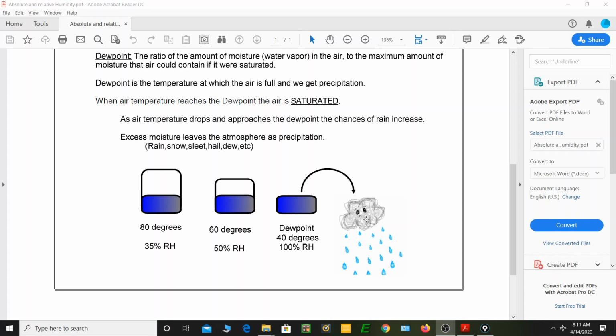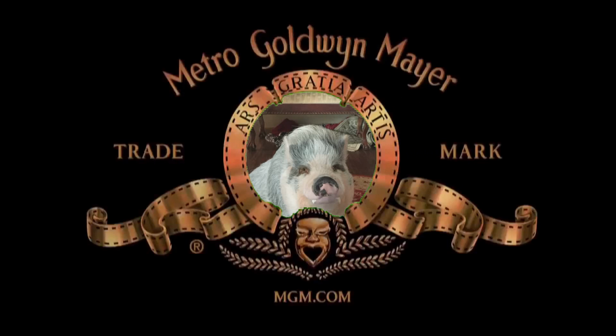Okay? So that's the difference between humidity, which is absolute humidity, which is total water, and relative humidity, how full the air is.